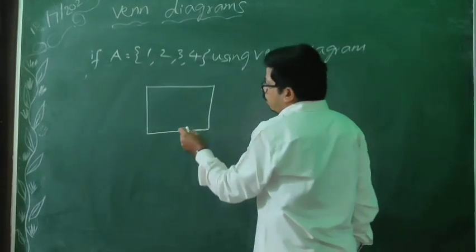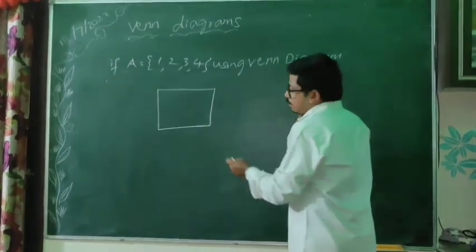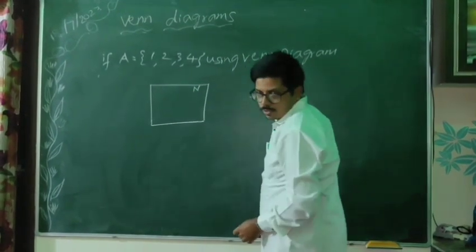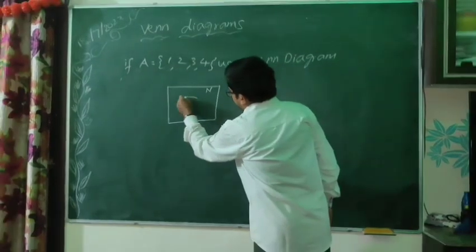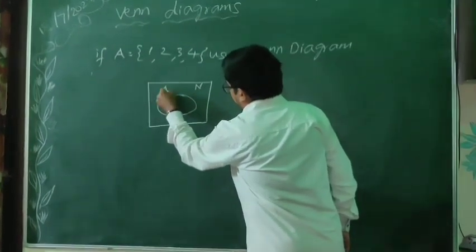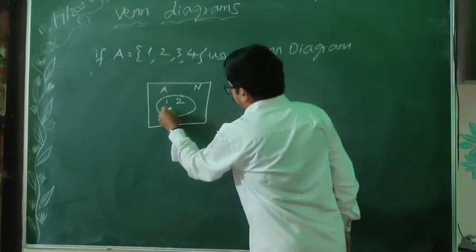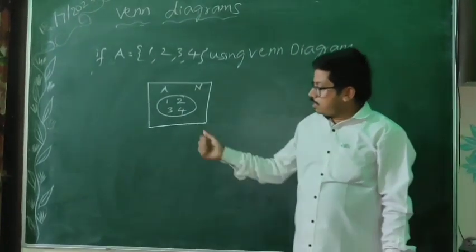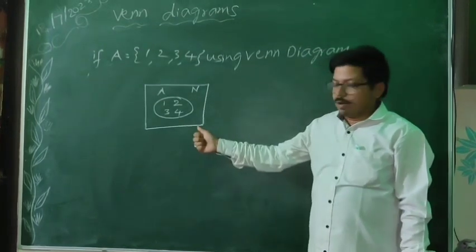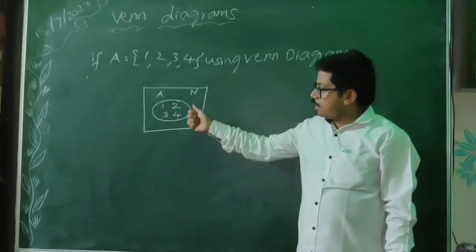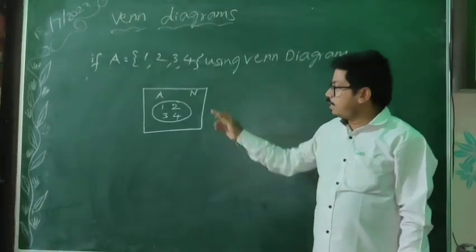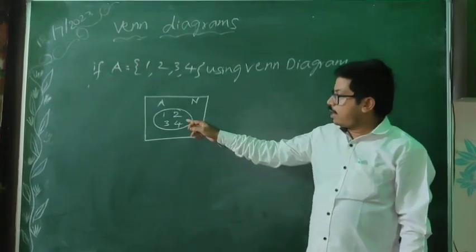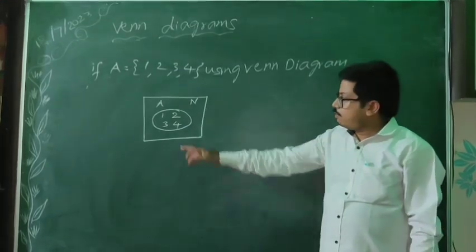So here, let me take the set of natural numbers N as the universal set, and set A having 1, 2, 3, 4 inscribed in this universal set.